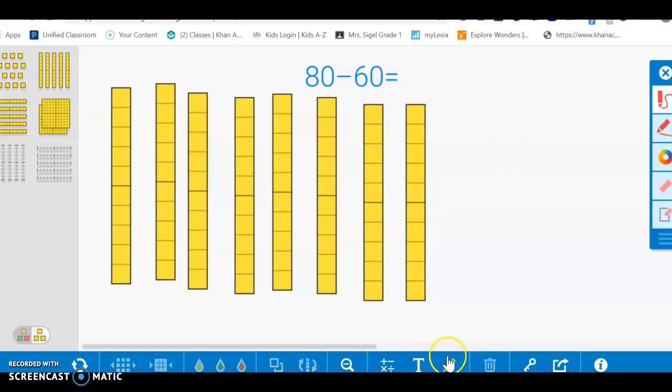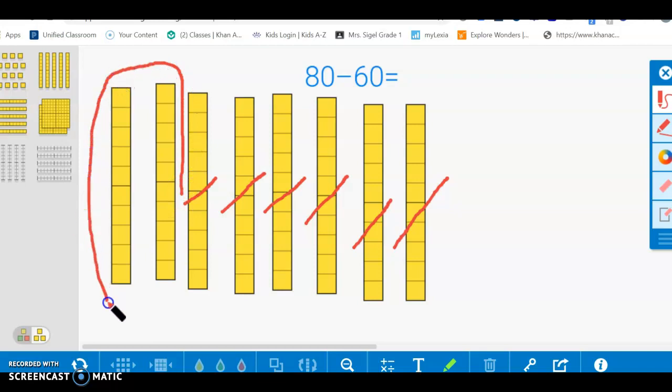I'm going to take away 60 and I'm crossing them out to show that I'm taking them away. So 10, 20, 30, 40, 50, 60. I see two tens. I know that two tens is the same as 20. 10, 20. 80 minus 60 is 20.